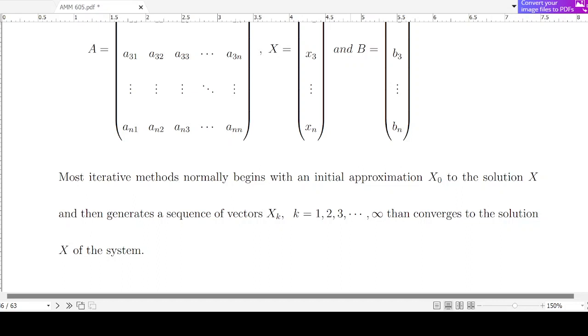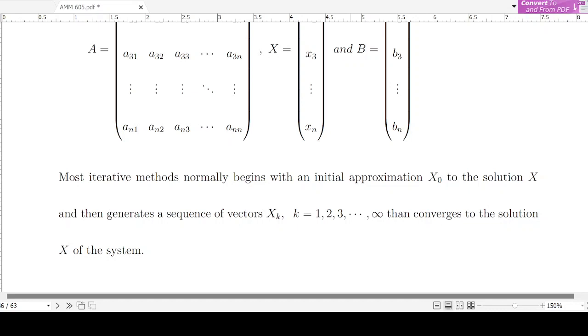The methods that will give an approximation to the solution of the system by first taking the initial approximation, then you do another approximation to make your previous approximation better. You repeat the procedure and generate a sequence of approximations which eventually approximate the solution of the system.